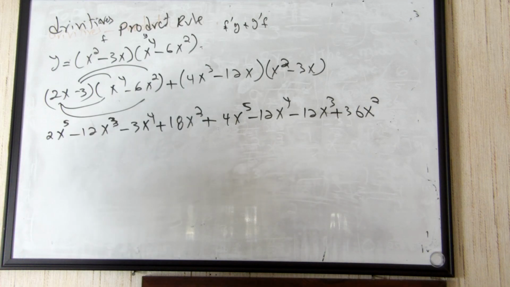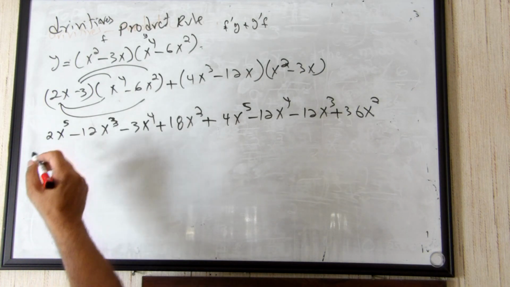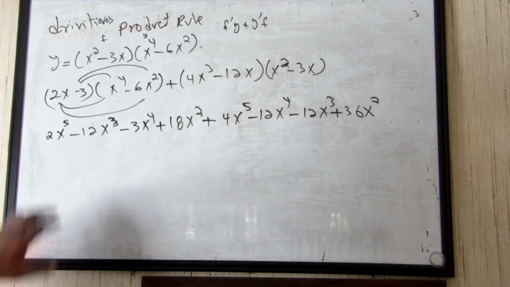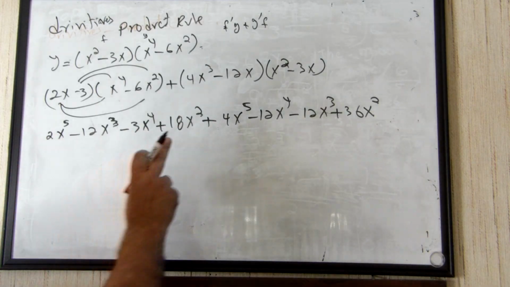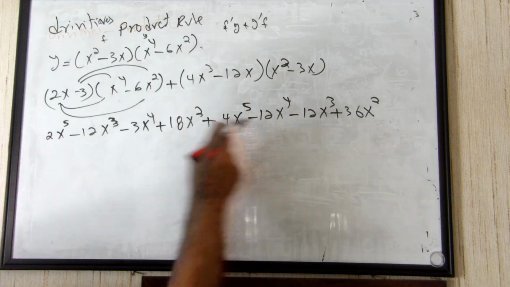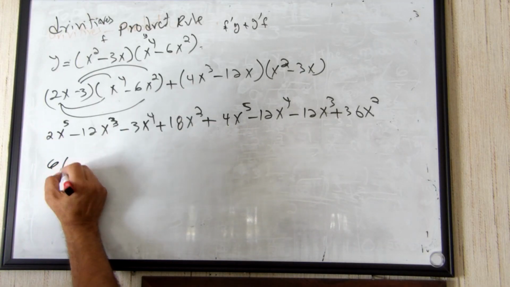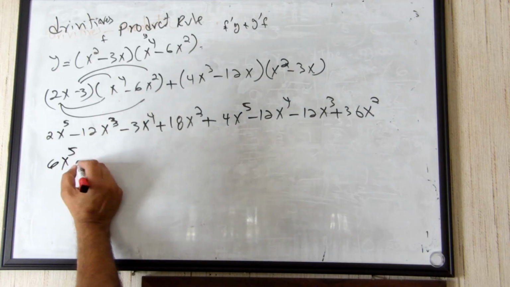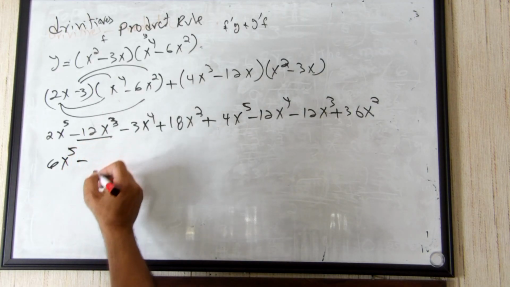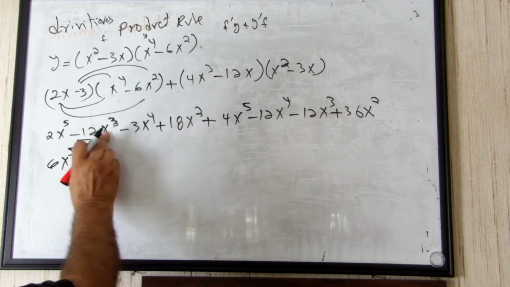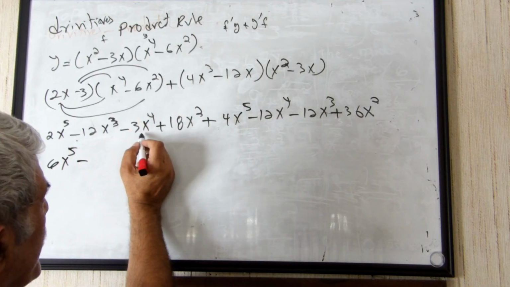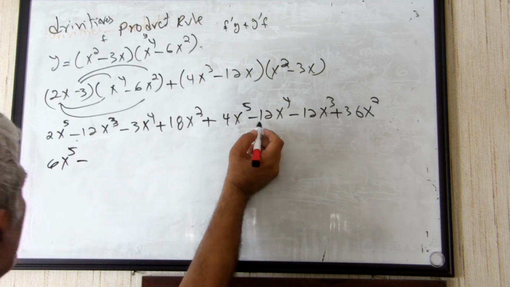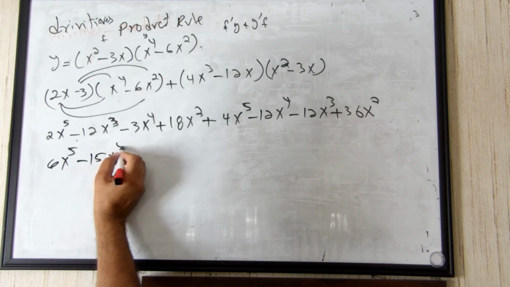And then we add together those that have the same exponent, x^4, we can add these together. We cannot add x^5 to this one. So this is going to be 6x^5 minus, you have 12 here, x^4, and then x^4 in order, minus 3 here, minus 12 here, minus 15x^4.